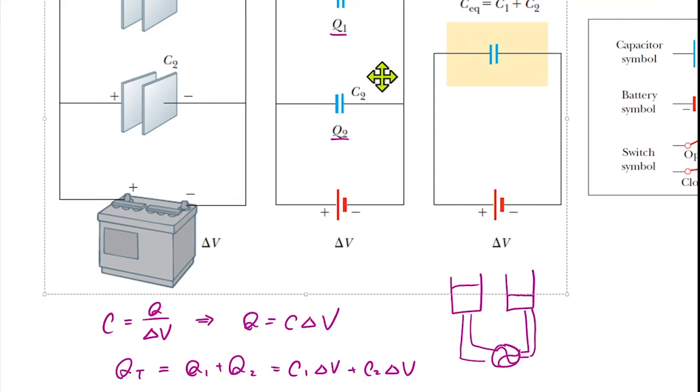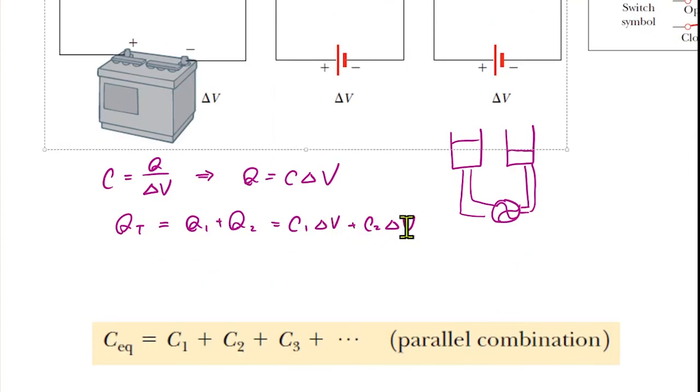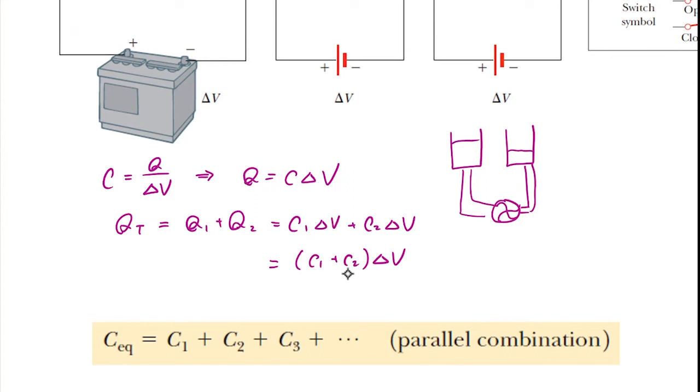So the potential difference between the two, wherever you measure it, from here to here or here to here, is exactly the same. So these delta V's are really the same delta V. That means we can take the common factor delta V, C1 plus C2. And this is your total capacitance, isn't it? Because that still looks like C times delta V, right? So that total capacitance is the same as adding these two things.